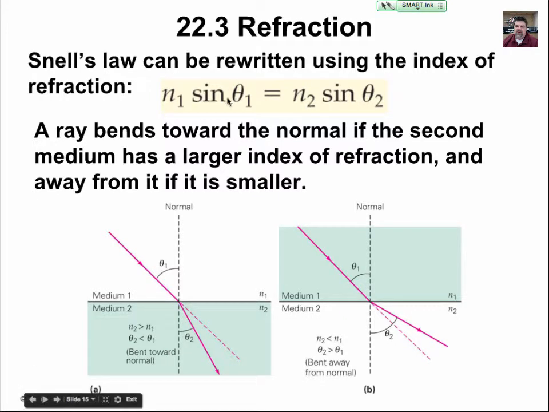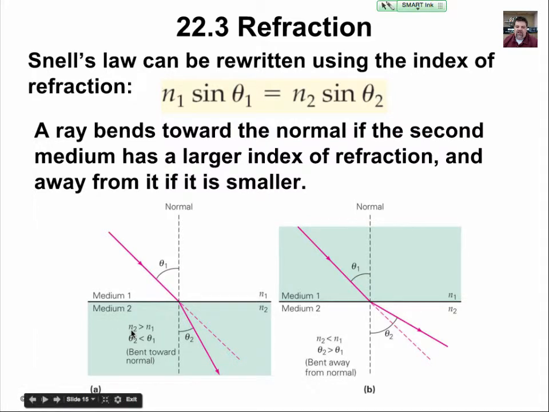So usually in our homeworks we'll get 3 out of the 4 and we solve for the 4th, or we'll be given a clue. So as the light is in medium 1, it passes through here, and then the index times the sine of theta 1 will have an impact on where the light bends in the second medium.